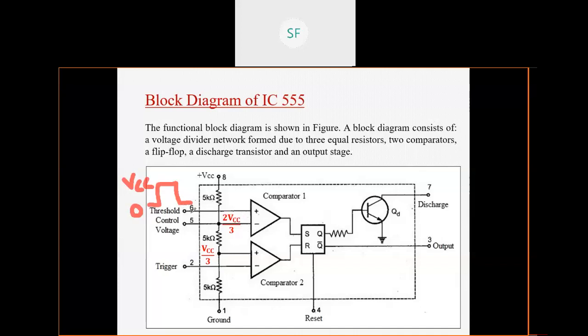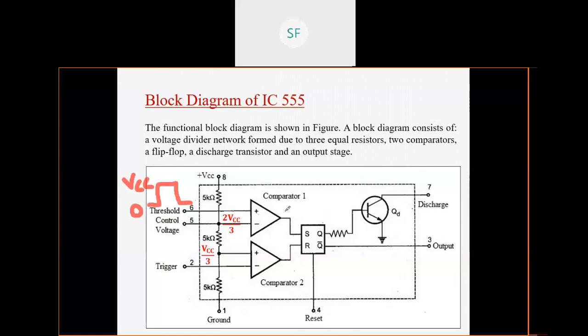The voltage at pin number 6 will be greater than the voltage at pin number 5, because the voltage at pin number 5 is fixed, that is 2 by 3 VCC. So when you give a high input, the voltage at pin number 6 will be greater than the voltage at pin number 5. That means the voltage at the positive terminal will be greater than the voltage at the negative terminal.